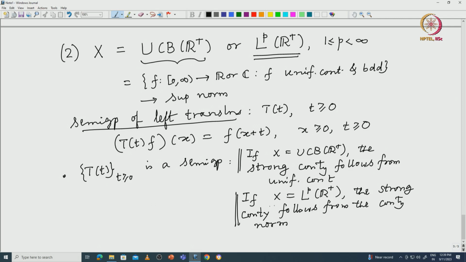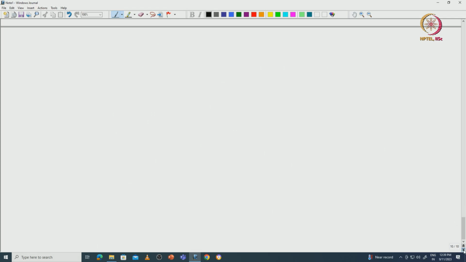Okay. And as far as the generator is concerned, let me briefly, and this is how you guess the form of the generator in general and then try to prove it rigorously. Okay.